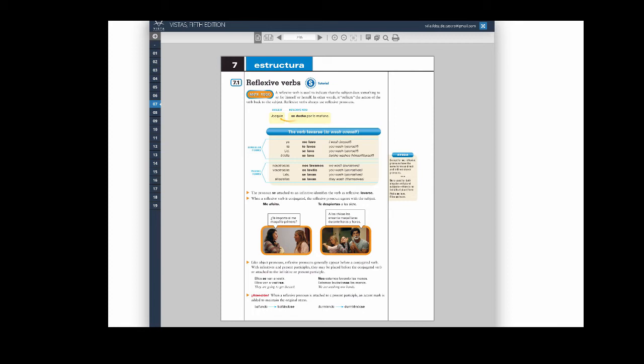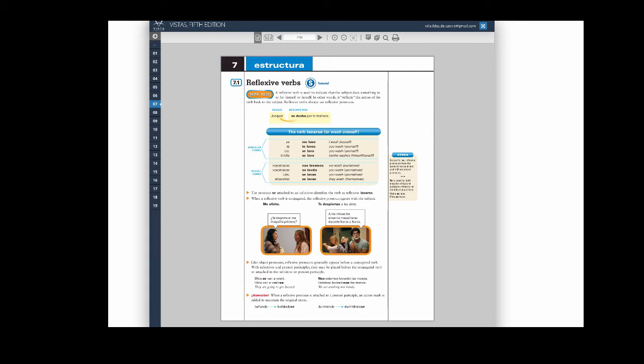Or you can decide, like here below the first one, to add the pronoun at the end linked to the infinitive. And in that case, you will attach it at the end of the verb. Ellos van a vestirse. Both mean exactly the same and both are completely okay.